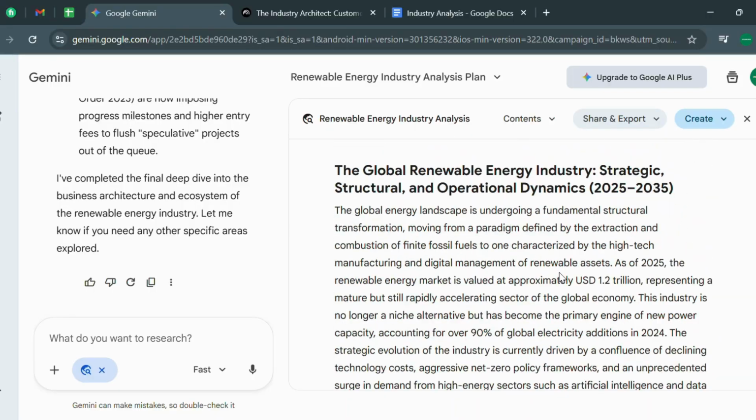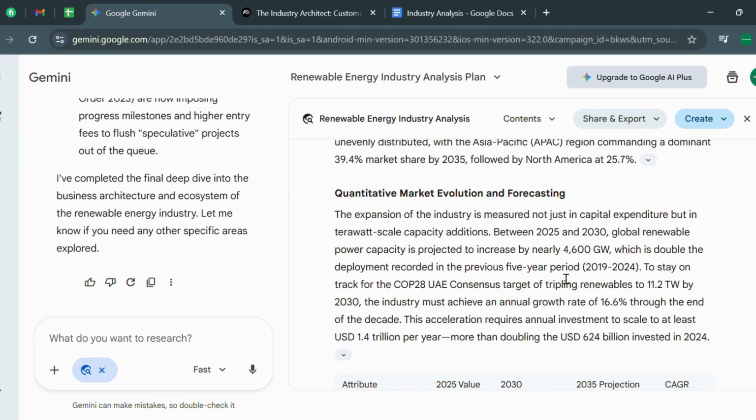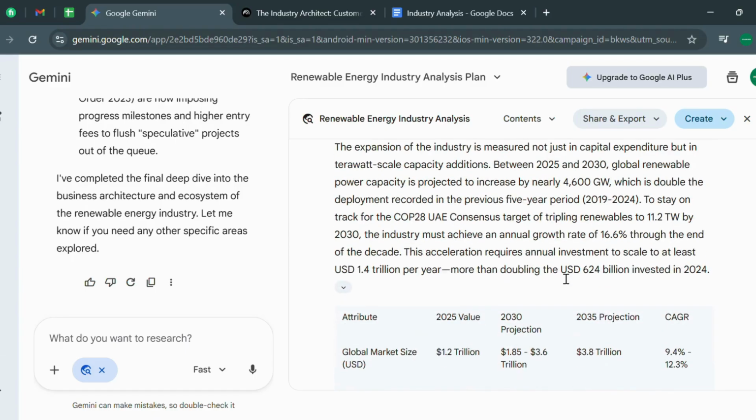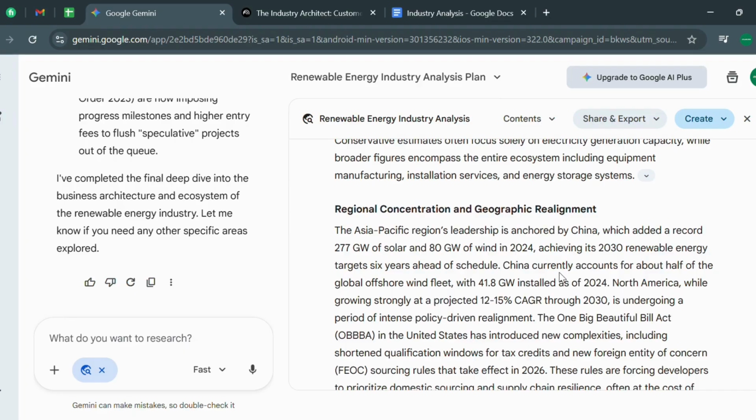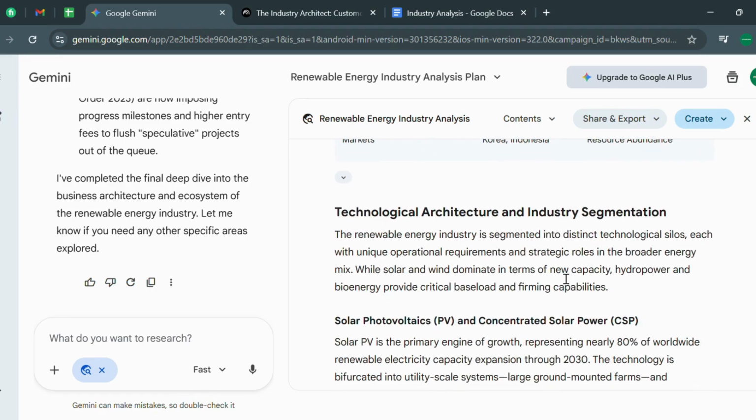If I read only the topics: the global renewable energy industry, strategic, structural, and operational dynamics, quantitative market evolution forecasting. Everything is very detailed. Nothing is in just a summarized way. Regional concentration and geographic realignments, technological architecture and industry segments, which is very important.